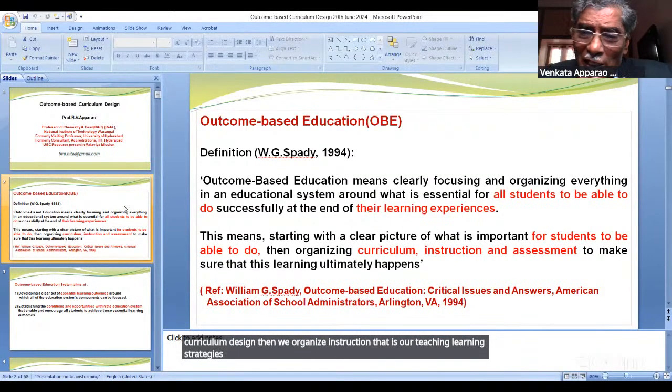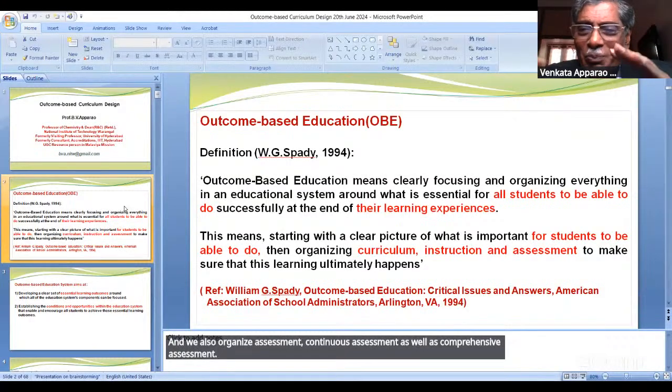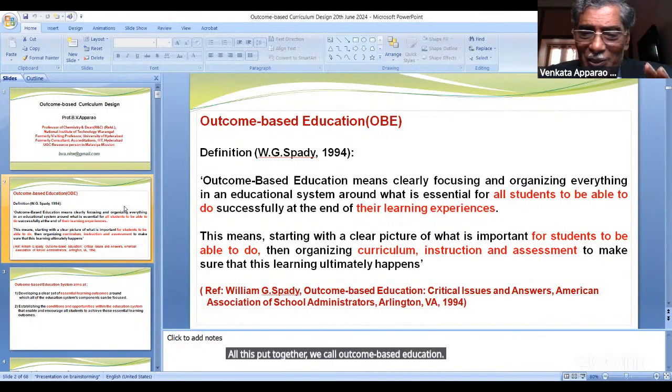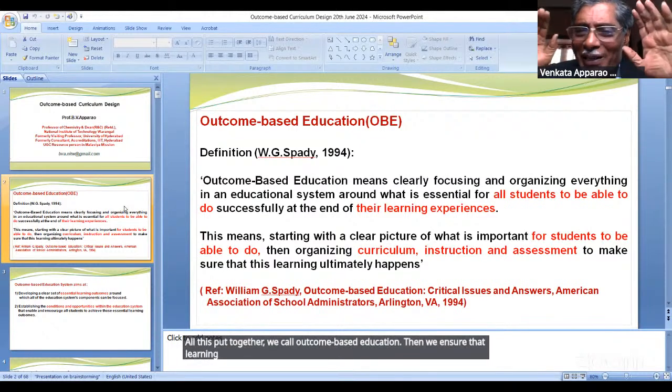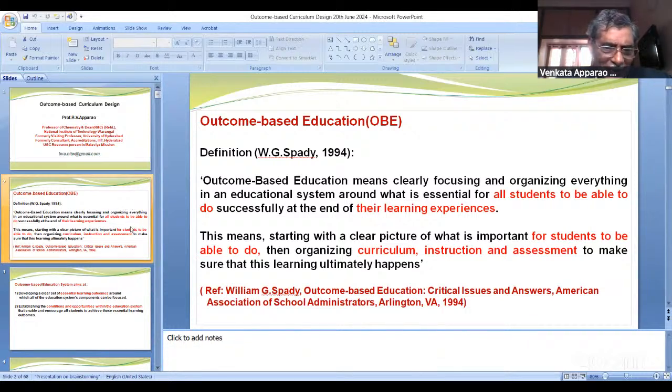And we also organize assessment, continuous assessment, as well as comprehensive assessment. All these put together, we call outcome-based education. Then we ensure that learning ultimately happens among the students. That is important.